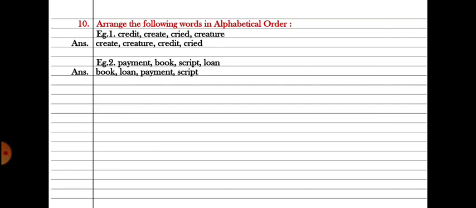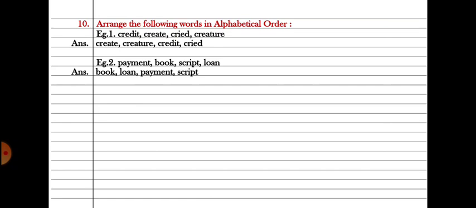Now, what's the difference between both the examples? In the first case, all the words begin with the same letter, that is letter C. Whereas, in the second example, all the words begin with different letters of the alphabet.